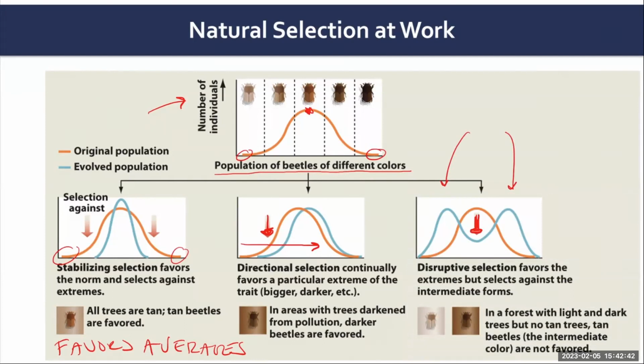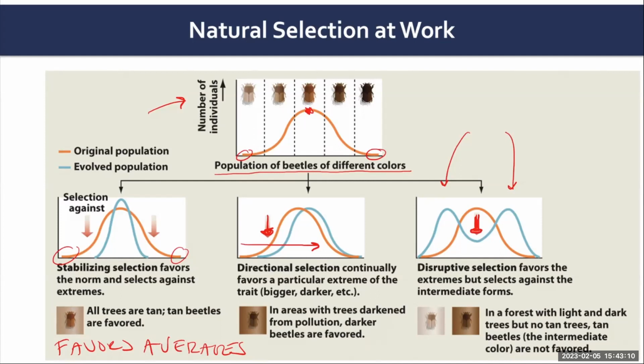So in this case, if we were in a forest where there were both light and dark colored trees, we would expect both light and dark colored beetles to preferentially survive. The light colored beetles are going to hang out on the light trees and have higher rates of survival and reproduction in that environment. The darker beetles are going to hang out on the dark trees and have higher rates of survival and reproduction in that environment.